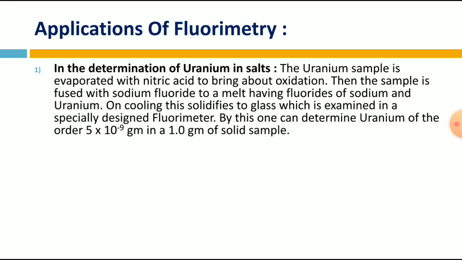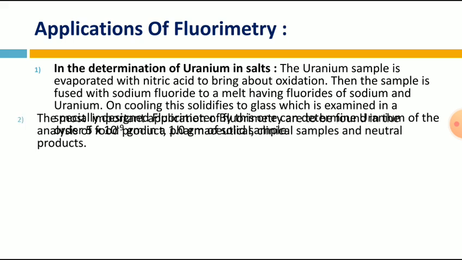On cooling, this solidifies to glass, which is examined in a specially designed fluorimeter. By this, one can determine uranium of the order of 5 into 10 raised to minus 9 gram in 1 gram of solid sample. So in this way the uranium salt will be determined. This is the first application of the fluorimeter.